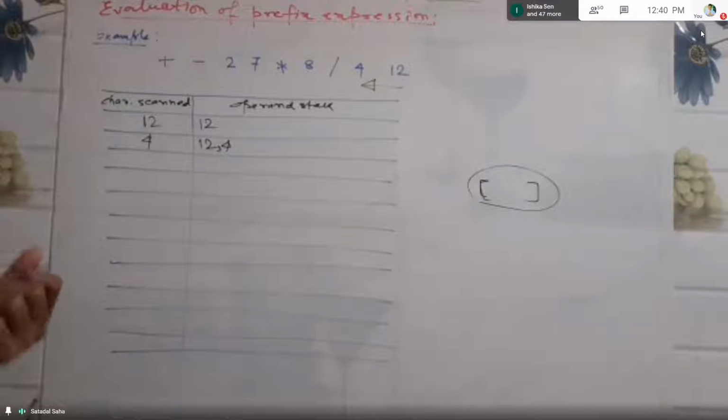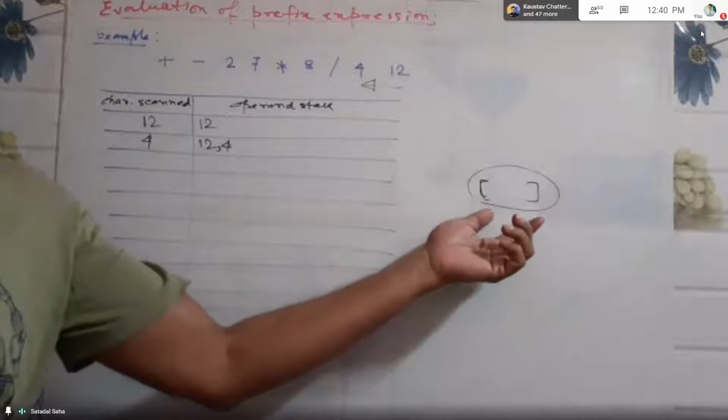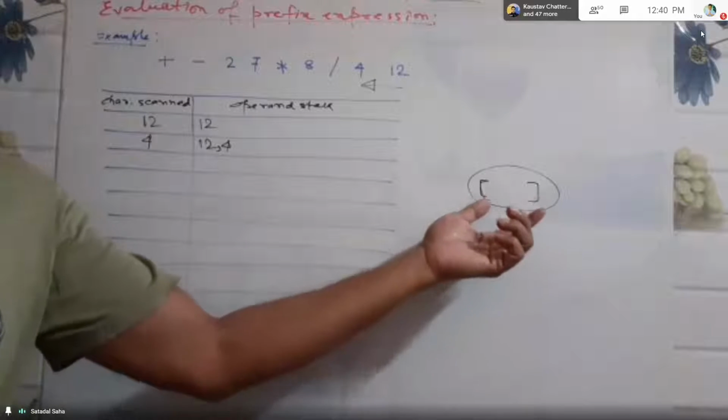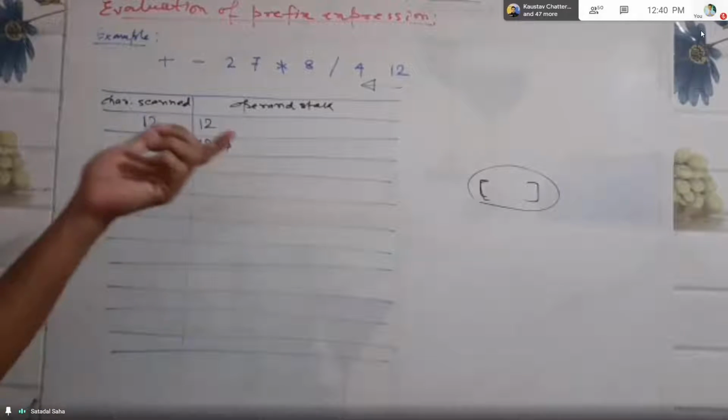Unless you put this square bracket, this becomes ambiguous. If you withdraw the square brackets, the parts are jumbled over the other. We cannot distinguish which part is one operand and which part is a different operand. So to make it simple to understand, we put this square bracket. It is not a part of the stack.